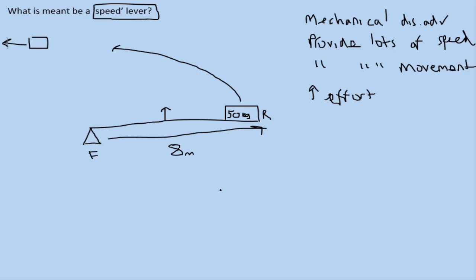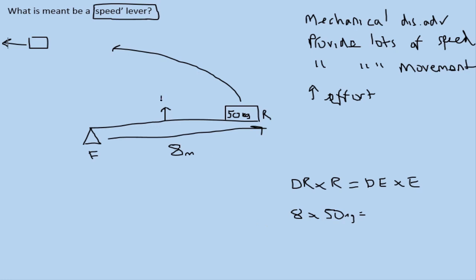So the distance of the resistance times resistance is the same as the distance of the effort times effort. So the distance of the resistance is 8 meters. The actual resistance is 50 kilograms.